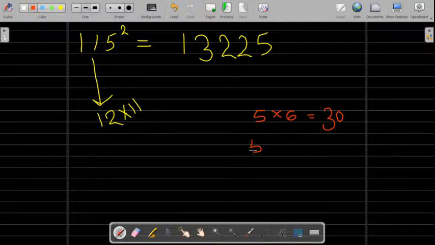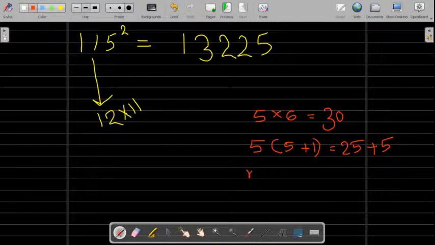So 5 into 5 plus 1 is again 5 into 6, so we can write 25 plus 5. There is no difference.